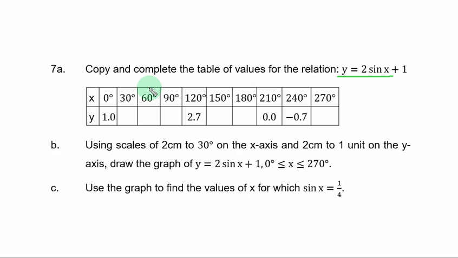B. Using scales of 2 cm to 30 degrees on the x-axis and 2 cm to 1 unit on the y-axis, draw the graph of y equal to 2 sine s plus 1 for the range of values of s, 0 degrees less than or equal to s less than or equal to 270 degrees. C. Use the graph to find the values of s for which sine s is equal to 1 over 4.